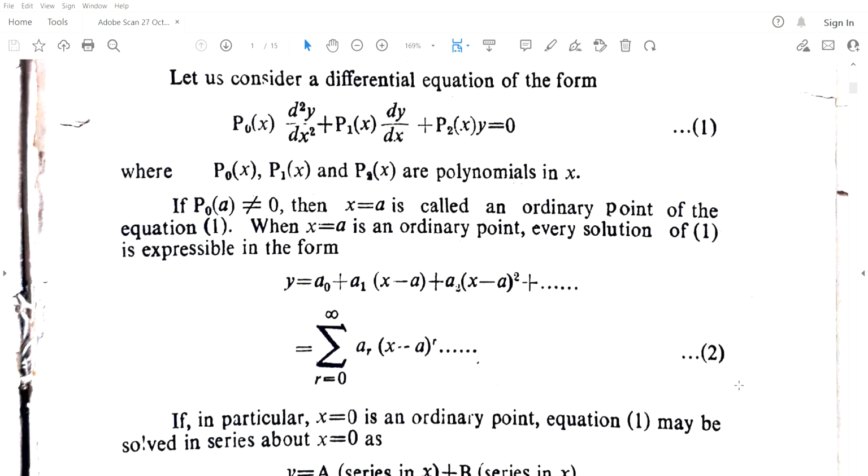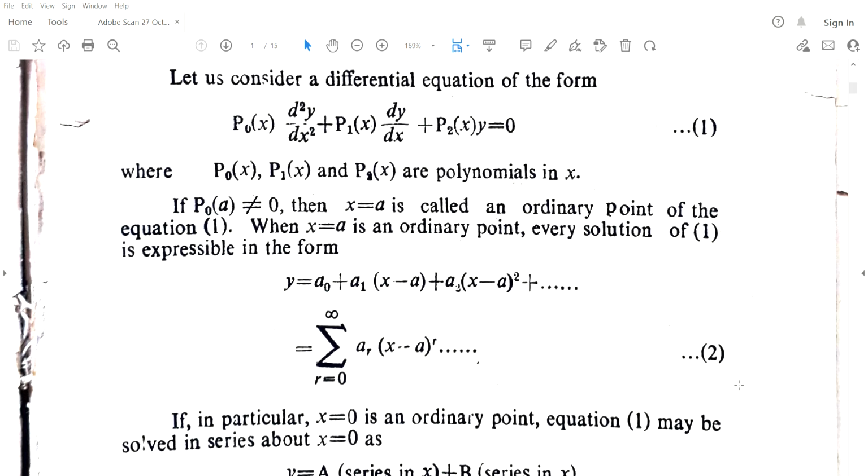Now let x is equal to a be a point for which p0(a) is not equal to 0. That means the coefficient of d2y/dx2 is not equal to 0 at x is equal to a. Then we say that x is equal to a is an ordinary point of the equation.